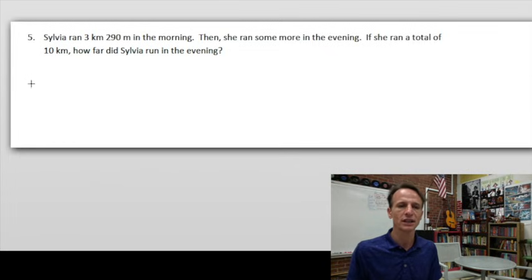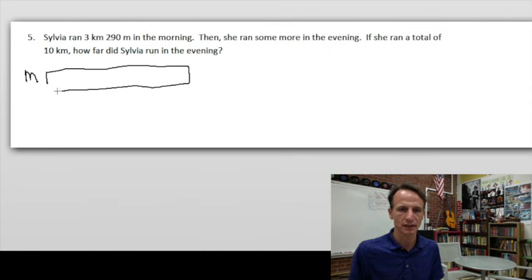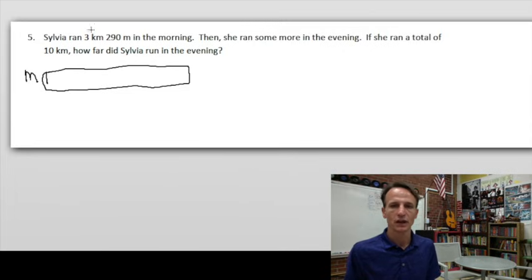So we have morning and evening, so we're going to set up 2 tapes. Here's morning. We have an exact value for that. And again, it's not skipping anything. We're just going to be smart and do what we know we have to do now, which is to put it all into meters. There's going to be a way to work more easily with meters and kilometers.